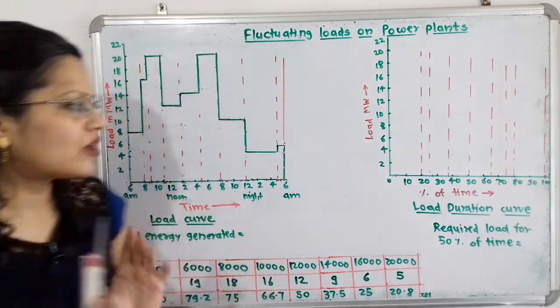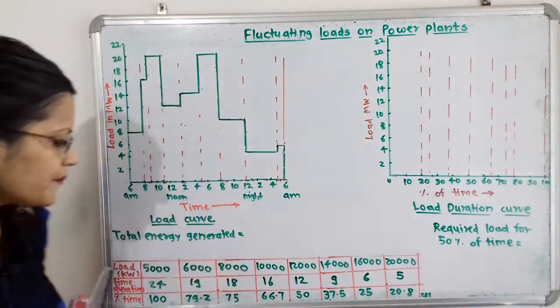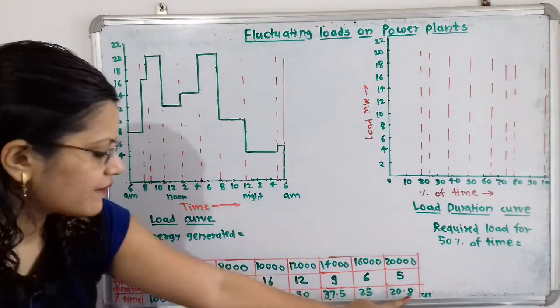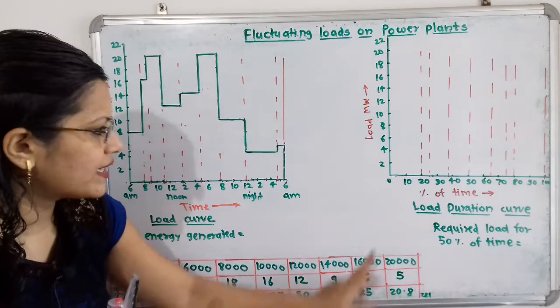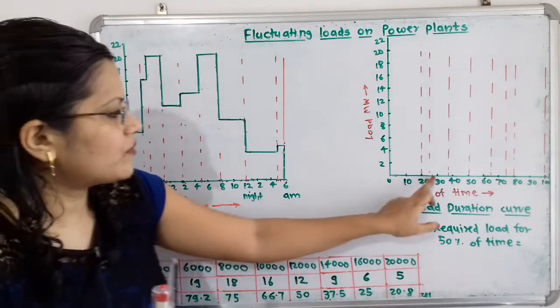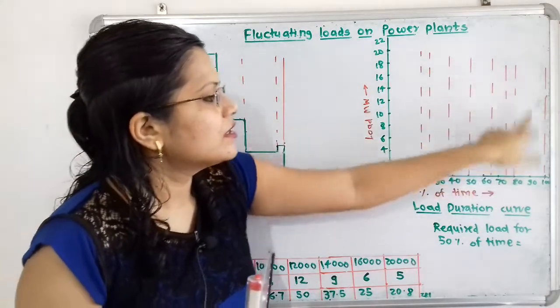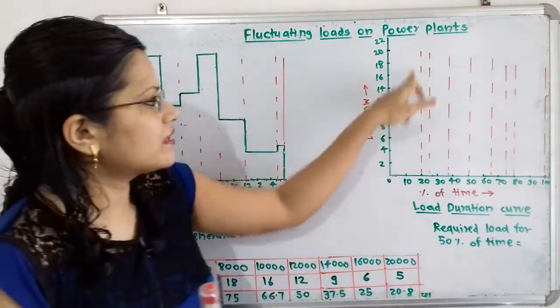Now I have drawn here some rough lines with the help of a red marker. So if we observe, for these given percentages, that is 20.8, then 25, then 37.5, for these particular numbers we have to draw some rough lines.